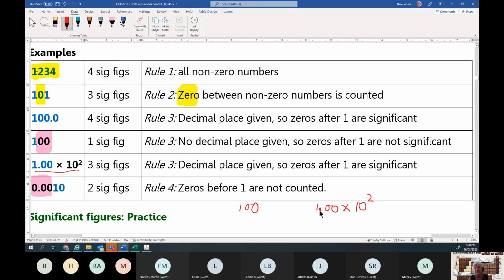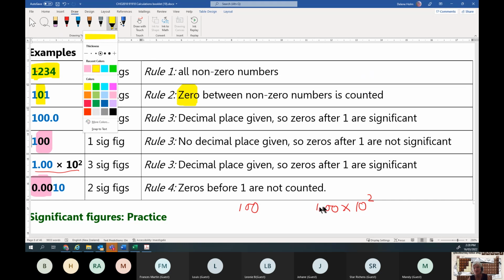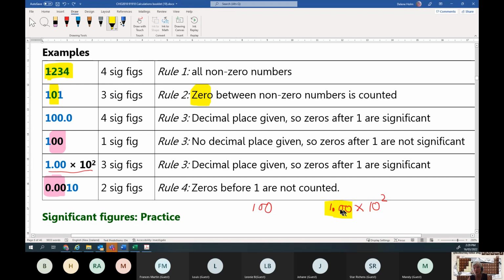Because when I put in a decimal place, that immediately makes all those numbers after the decimal place significant. Whereas over here, for the 100, the zeros are not significant. So going over here, I have a decimal place, which immediately makes all those numbers significant. So I have 4 significant numbers, whereas here there's no decimal place, so I only have 1 significant figure.